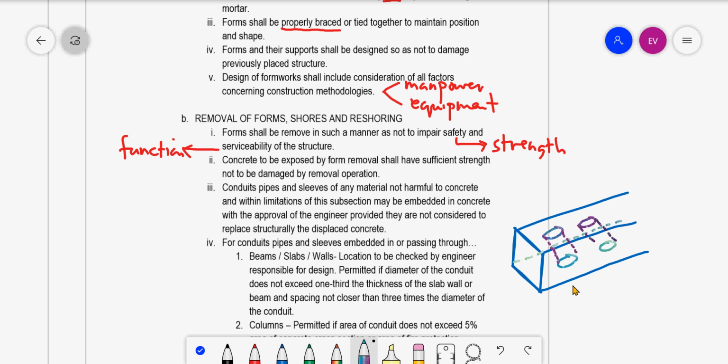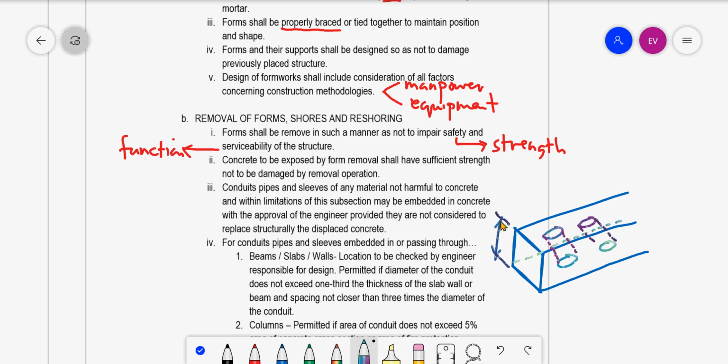In this case, the diameter of the conduit should be checked, and it is permitted to embed or pass through the sleeve, provided that the diameter shall not exceed 1/3 of the thickness of the slab, wall, or beam.